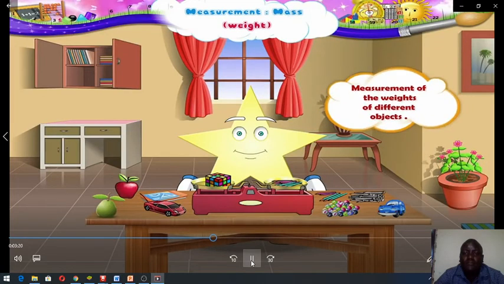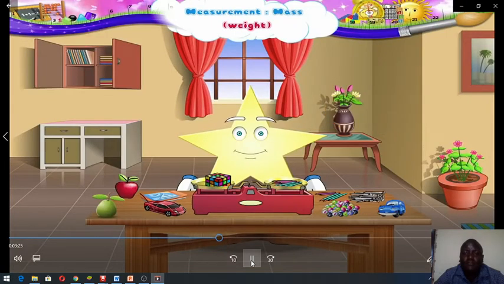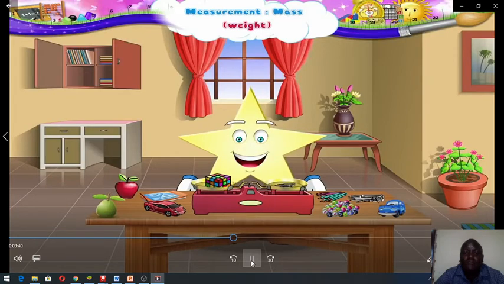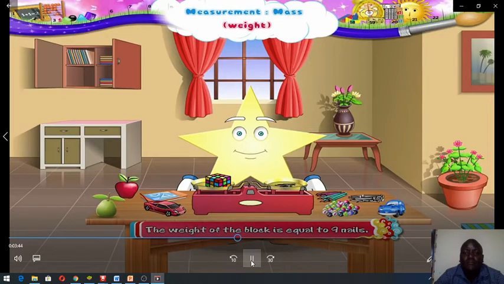Did you understand how to measure the weights of different objects, Starry? Okay, then can we measure the block with nails instead of pencils? Yes? Okay, then let's do it. What do you observe, Starry? Yes, the weight of the block is equal to 9 nails.